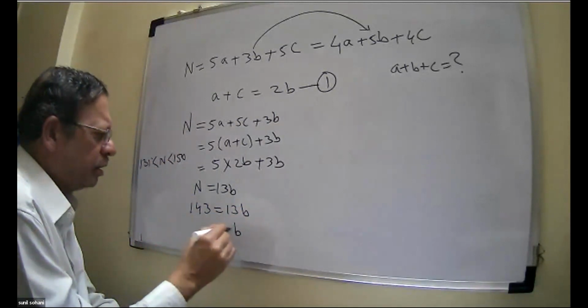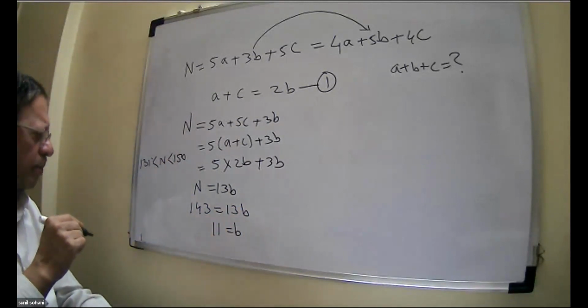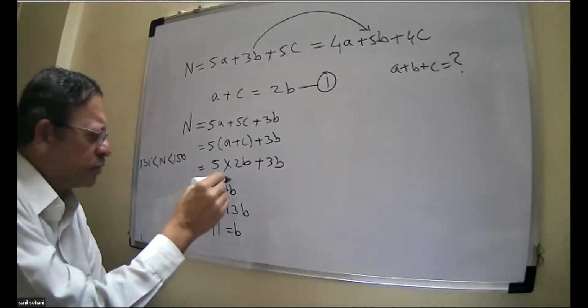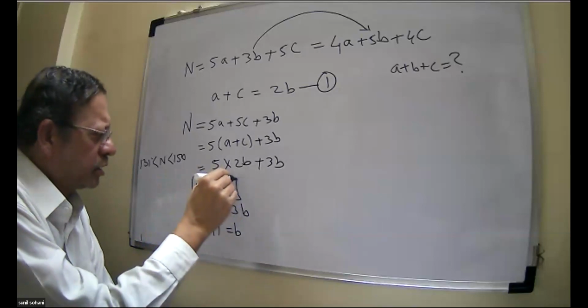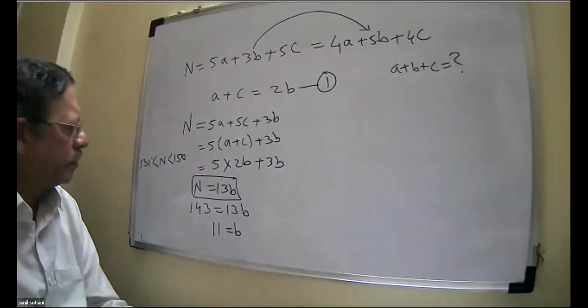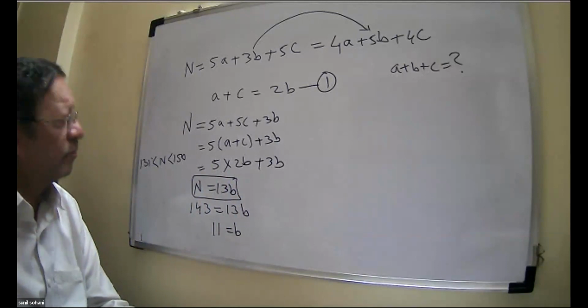So b will be 11 as per this given information, because this expression tells us that n has to be a multiple of 13. And in the table of 13, n becomes 143, which means b is 11.